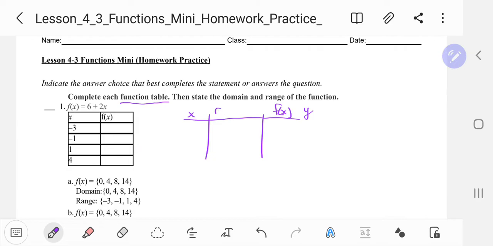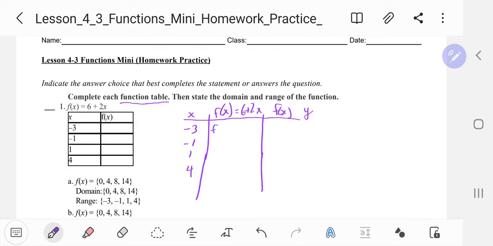And then we had this middle part, which was a place for the rule to go. That's what gets you from the x to the y. It tells you what to do with the input, so that this will spit out the y, or the output. In this case we have a -3, a -1, a 1, and a 4. So we simply plug these guys in.